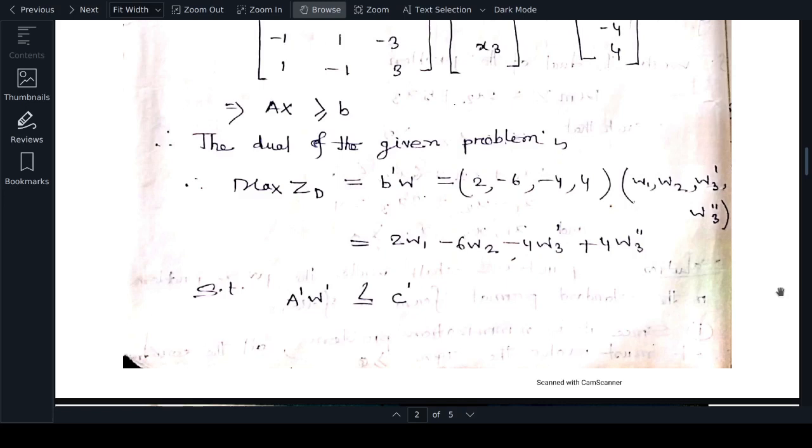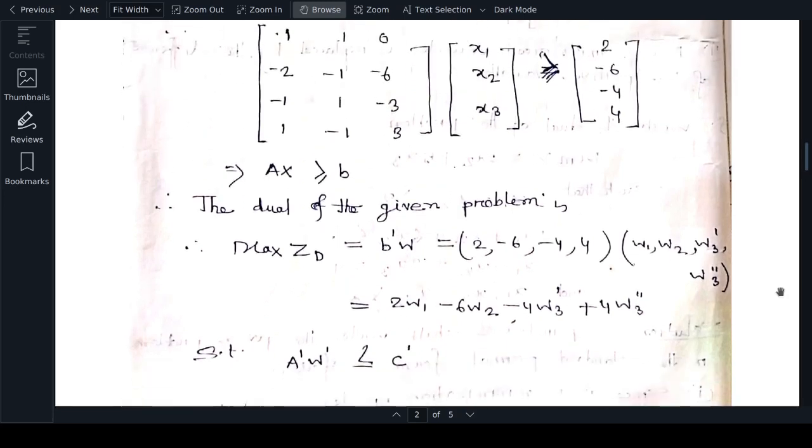Okay, so max ZD equal to, then what we write, we write in this way: the coefficients of the objective function and the constants are replaced. So here the constraint constants are 2, minus 6, minus 4, 4.